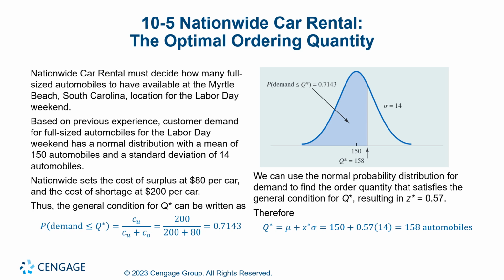The quantity Q can be computed as mu plus the Z value times the standard deviation, which is 150 plus 0.57 times 14, which is equal to 158 automobiles.